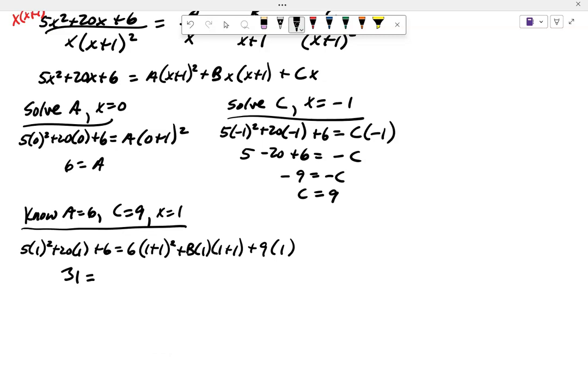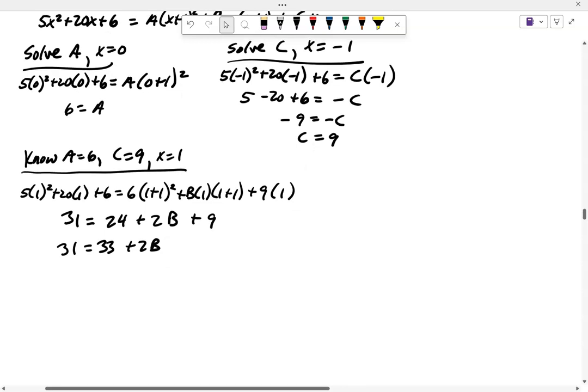Yes, 6 times 2 squared. 6 times, we got 24. B times 1 times 2, I get 2B plus 9. Subtract 33 from both sides. Divide by 2 to solve for B. There's our B. B is negative 1.